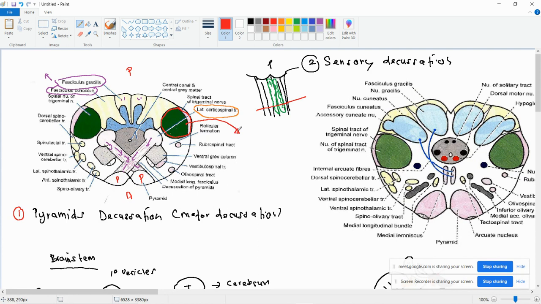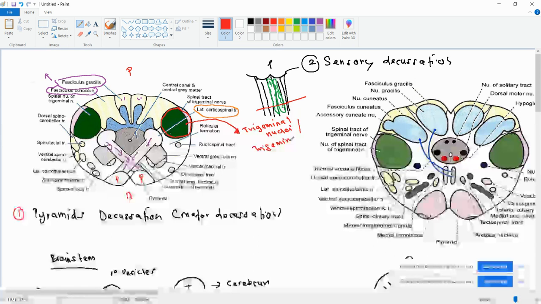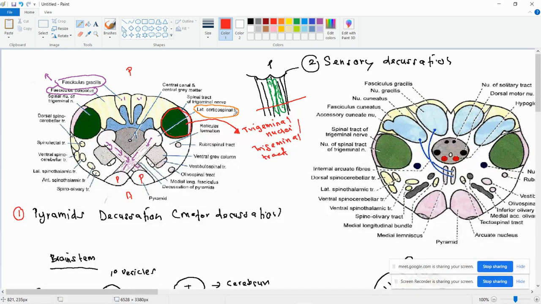This nuclei actually consists of, number one, the trigeminal nuclei, and also the other one, the trigeminal tract, or we call it the spinal tract.